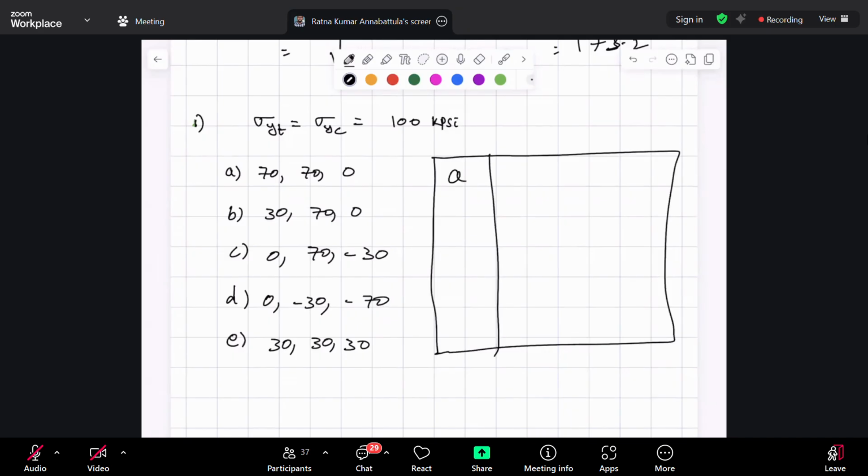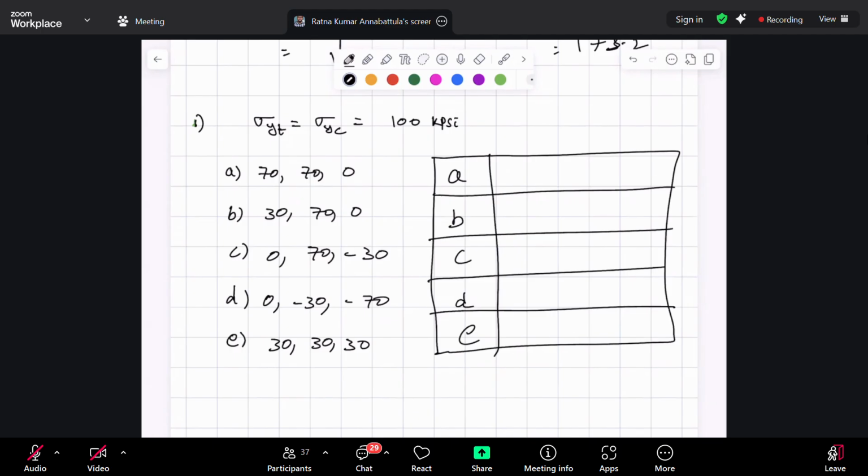This is case A, case B, case C, case D, case E, and here we have maximum normal stress theory, maximum shear stress theory, distortion energy theory. I wanted you to fill in the factors of safety in this table.